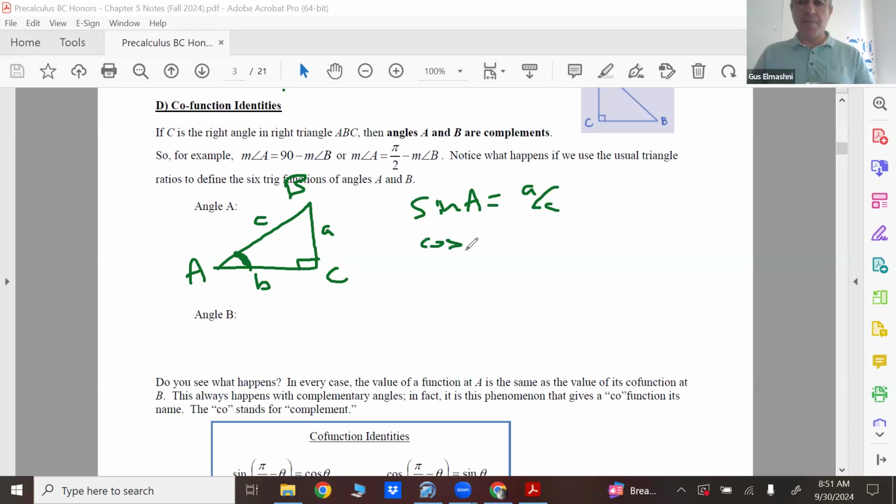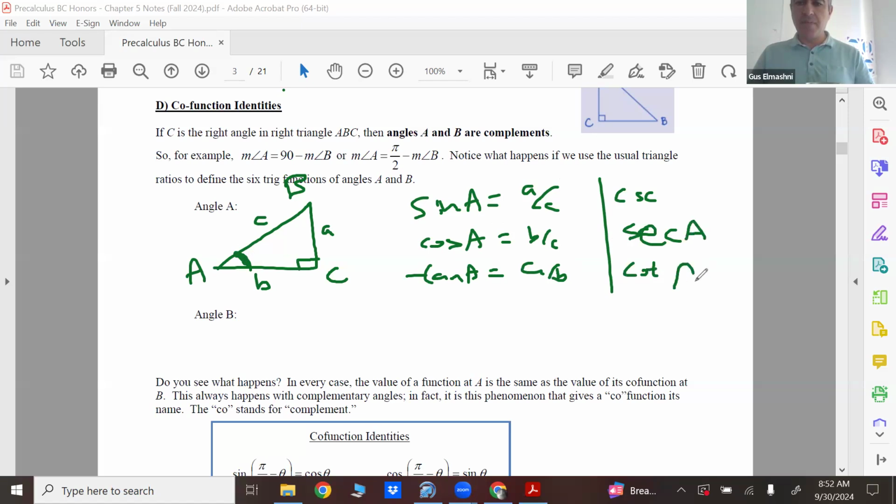What's cosine of angle A? What's tangent of angle A? Okay, now let's do cosecant, secant, and cotangent. You get C over A, C over B, and of course B over A.